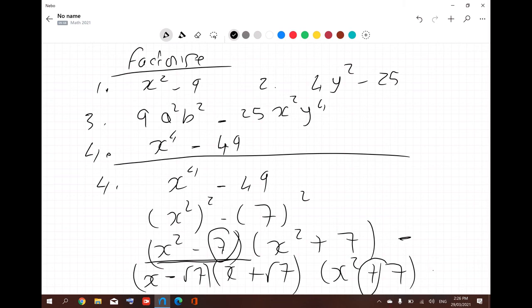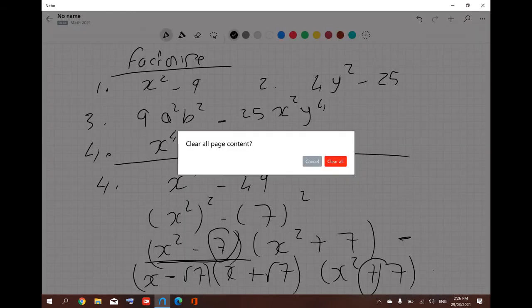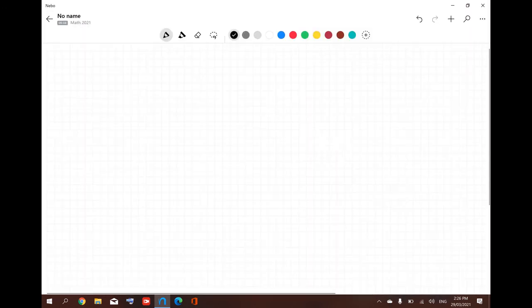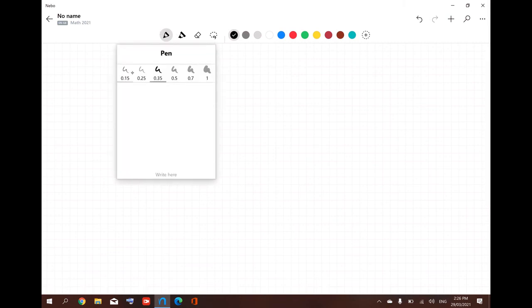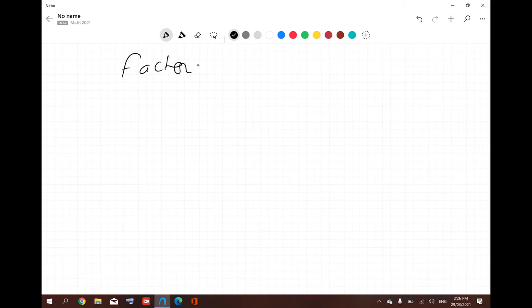These were the two methods of factorization we learned today. One more thing, when it comes to having more than one factorization method, for example the question is to factorize 2x squared minus 50.